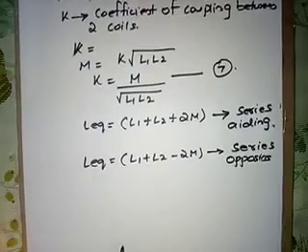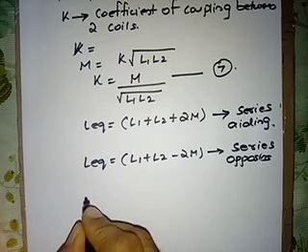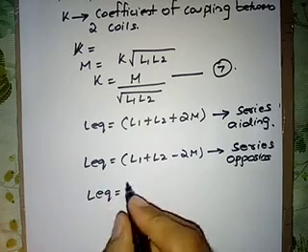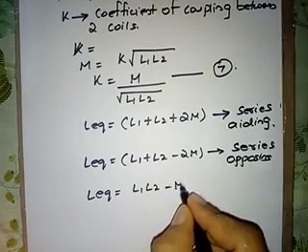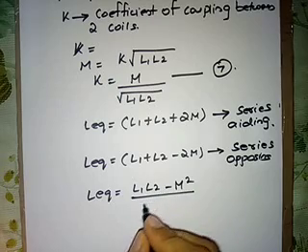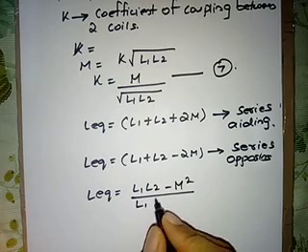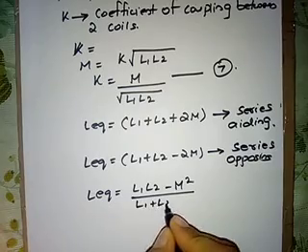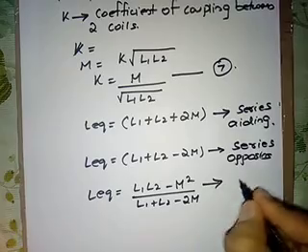Then similarly, if the two fluxes are parallel aiding, then L equivalent is equal to L1 L2 minus M square, divided by L1 plus L2 minus 2M. This is for parallel aiding.